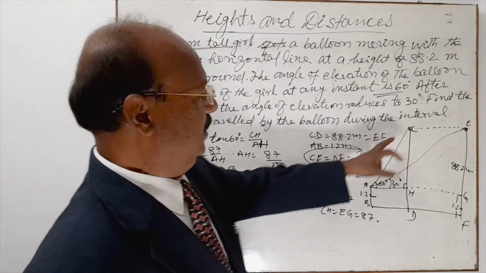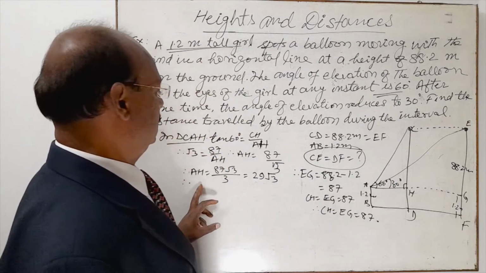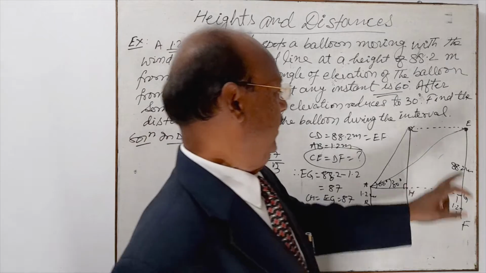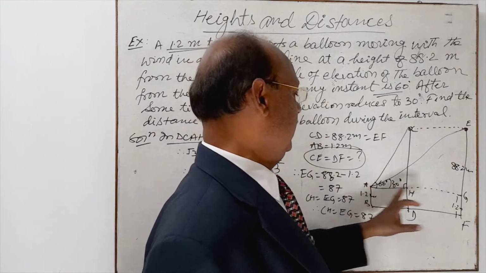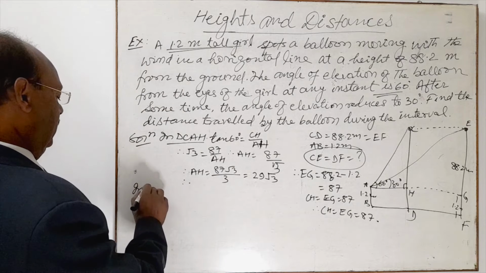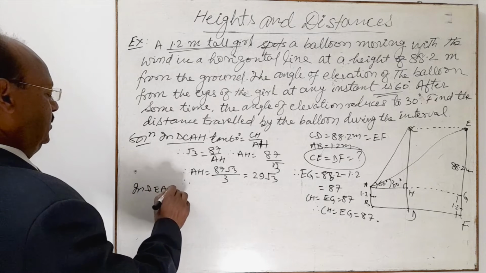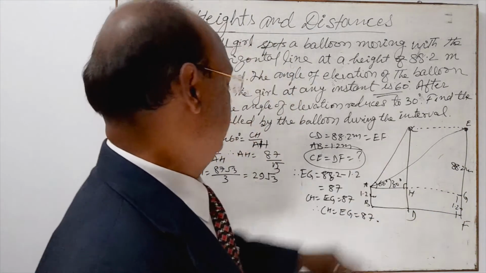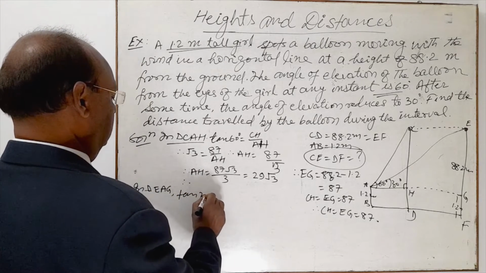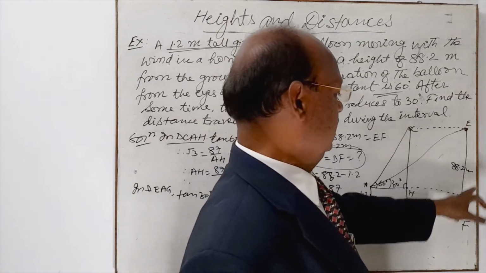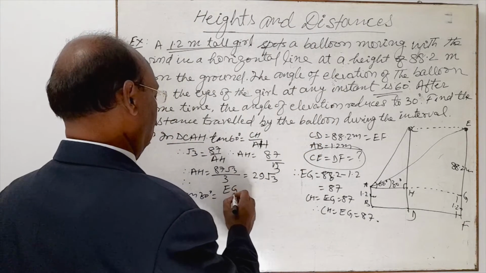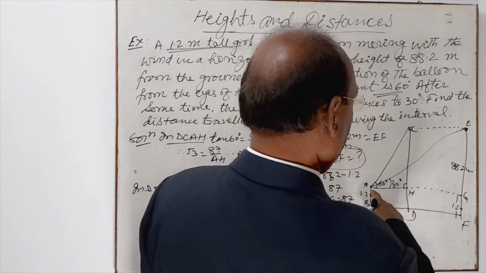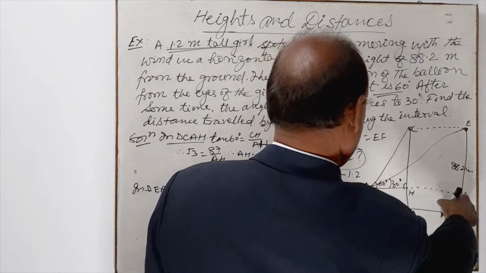And therefore, AH is 29 root 3, correct. Now, in right angle triangle EAG, you can take tan of 30 degree. Tan of 30 degree is perpendicular EG upon base AG.